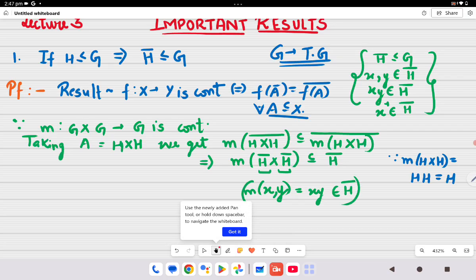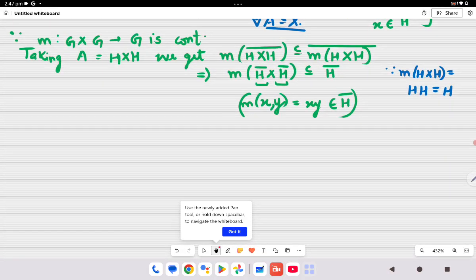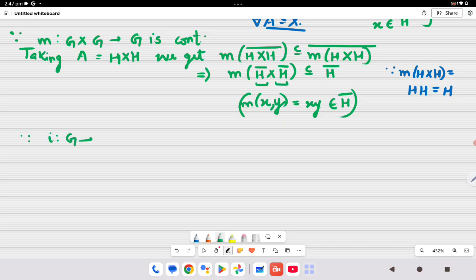Yes, and similarly क्योंकि जो inversion map है वो continuous है, the inversion map is continuous, taking A to be equal to H, we get I of H closure is contained in I of H whole closure.